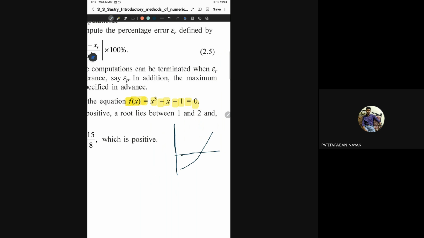This is my 1 and this is my 2. At 2 it is positive, and at 1 it is negative. So that means f of a into f of b is less than 0, not equal to, less than 0.